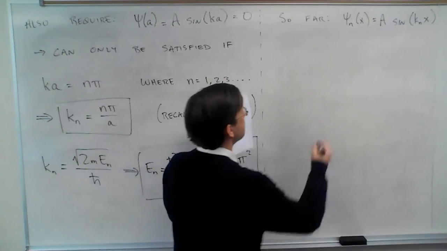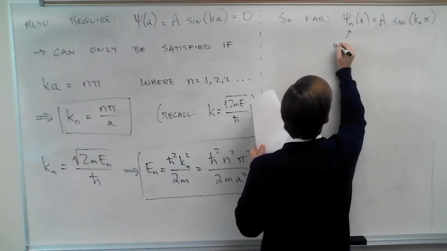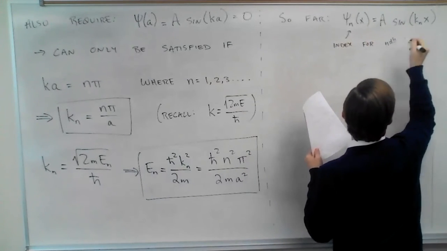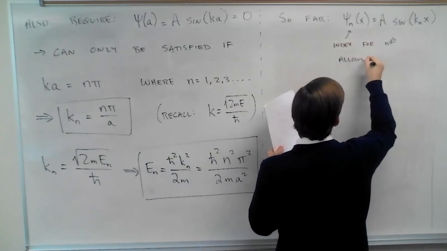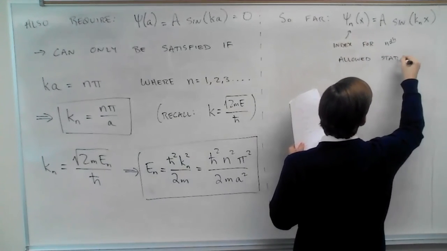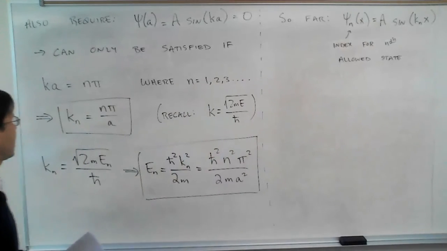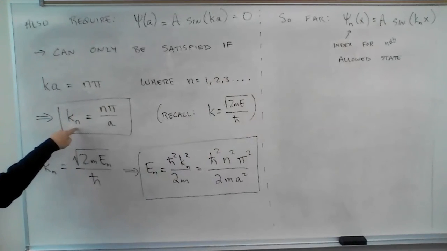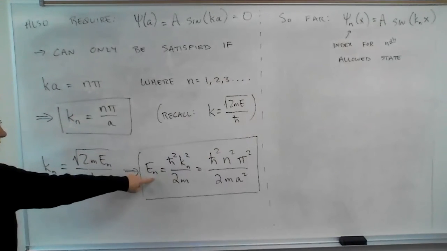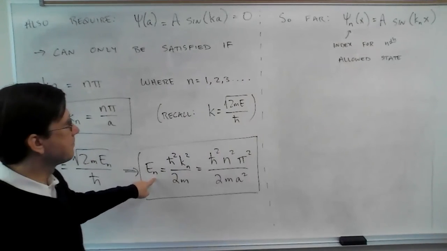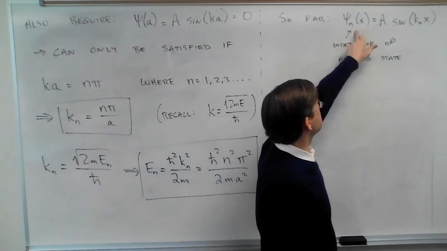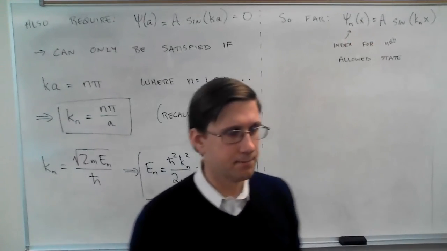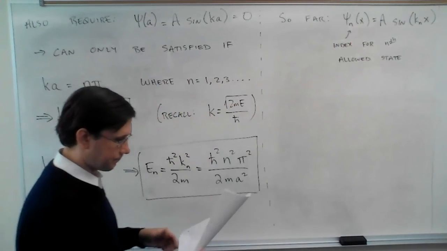And in this notation, this little n is an index for our nth allowed state. If we come back here and we pick the integer n equals 3, then we have a specific k sub n. We have a specific energy that corresponds to n equals 3. And I'm going to call this wave function solution psi 3 is equal to some constant times the sine of k3 times x. So everything is indexed by n here.